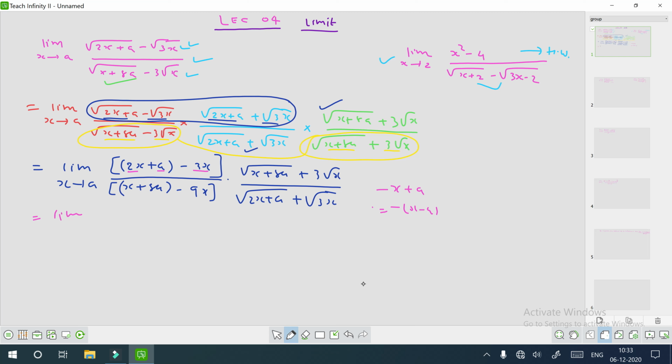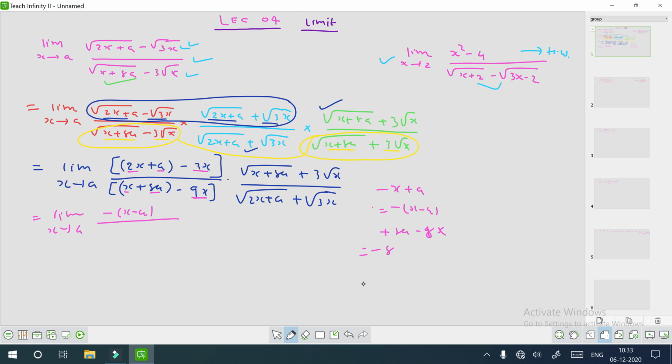That is equal to limit x tends to a, minus of x minus a. And denominator quantity x plus 8a minus 9x. So what do you get? Plus 8a minus 8x.